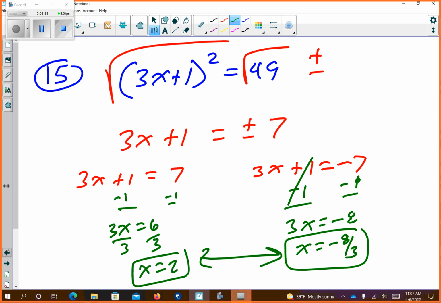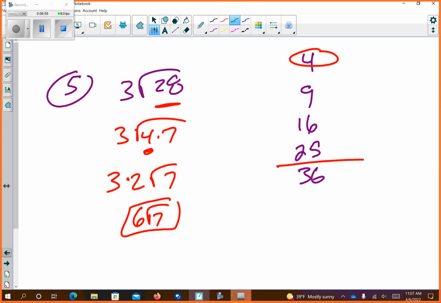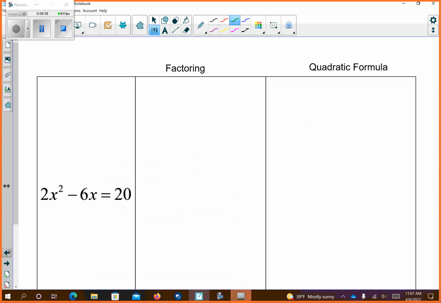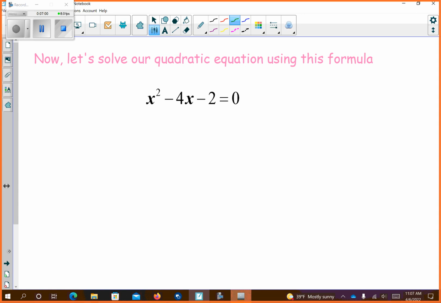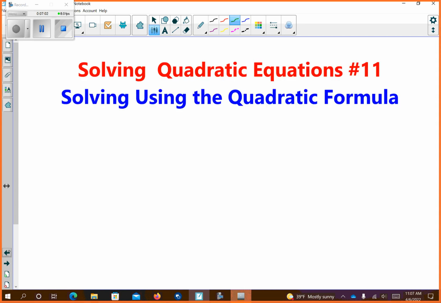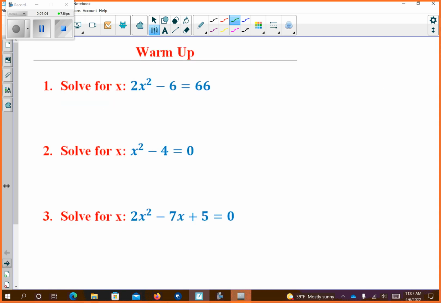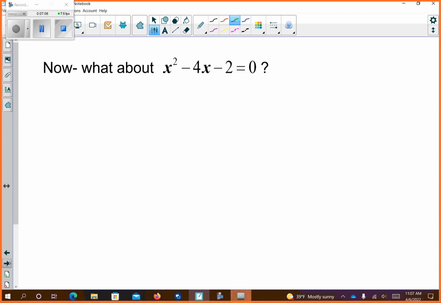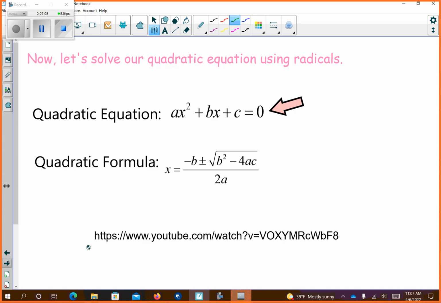Good. So I am on page 161. Let's get to right here. All right. Page 161. Oh my gosh.